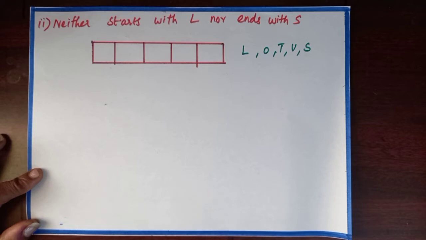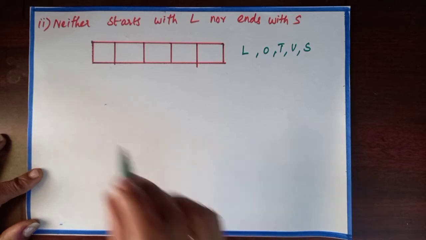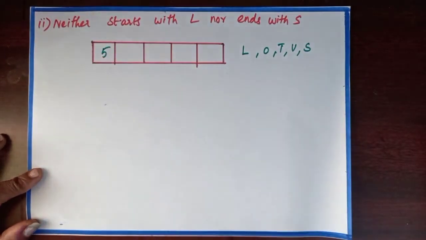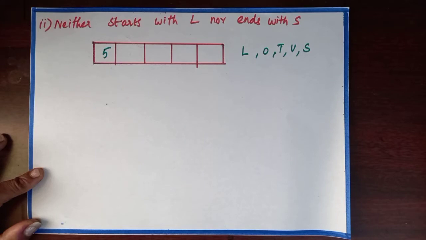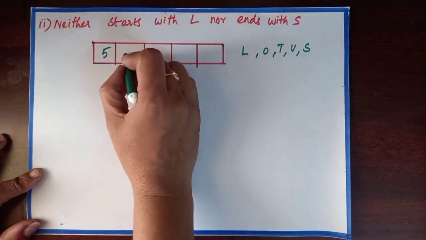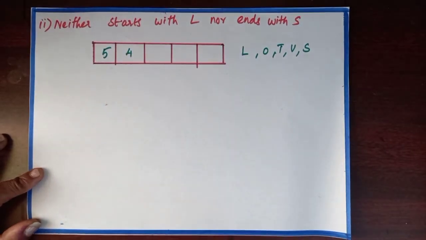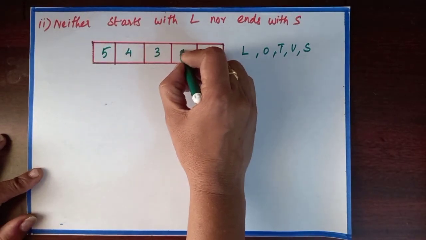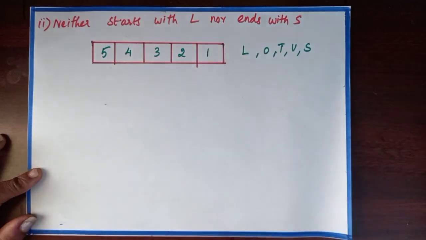Now, the number of all such strings is found by filling the first position with any one of the letters. The first position can be filled in 5 ways, the second by any one of the remaining 4 letters, and the third place by any one of the remaining 3 letters, and so on. So the fourth place 2 and the fifth place 1.